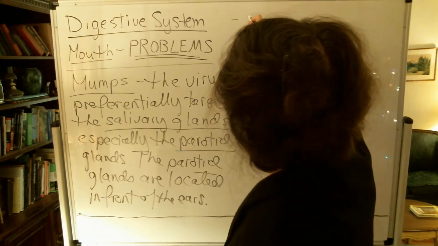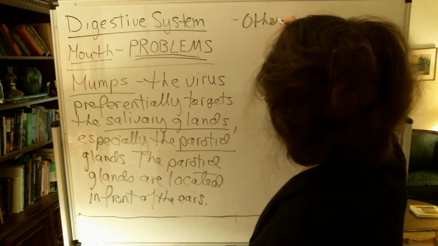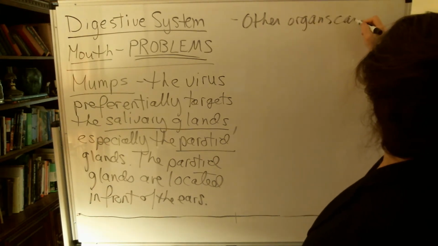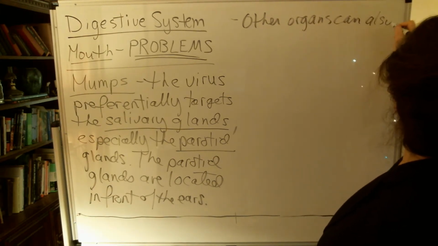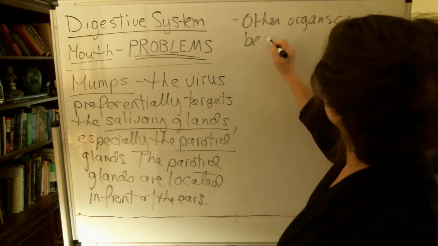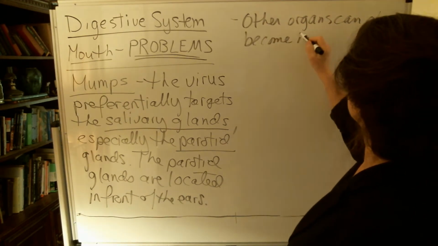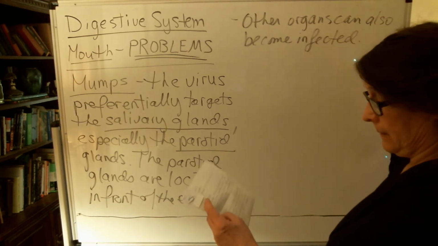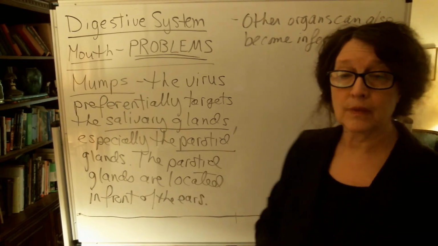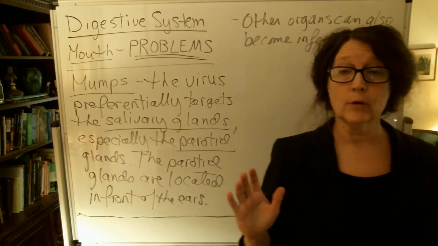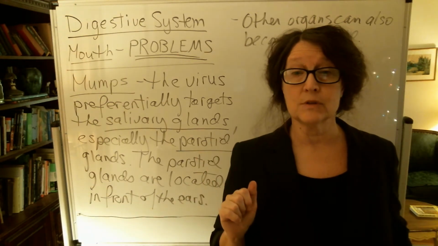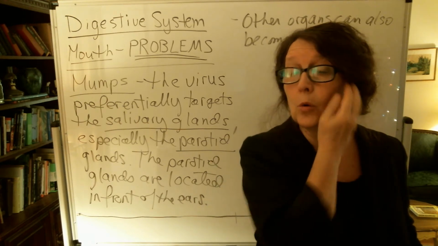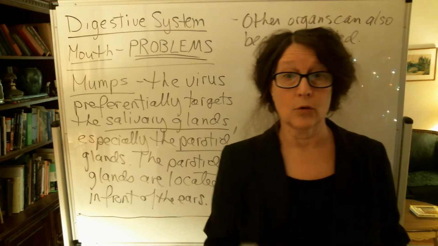And other organs can also become infected. So if you've ever seen photographs of people who have the mumps, this was a classic childhood disease, they would have a swelling here, or sometimes in both places.